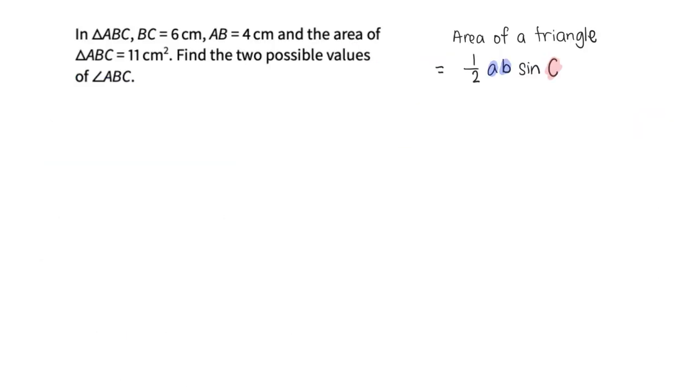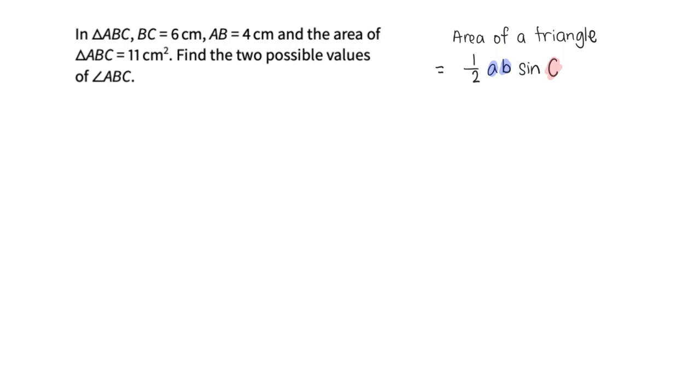Everyone, welcome to this question where we are given that in a triangle ABC, BC and AB are given, and the area of this triangle is also given. Find two possible values of angle ABC. This means that there are two possible ways we can draw this triangle. One way would be this.